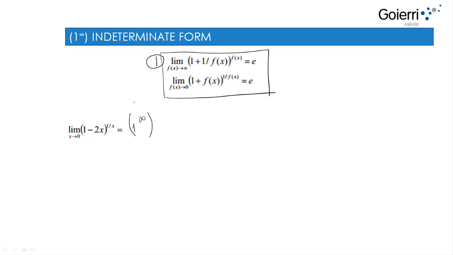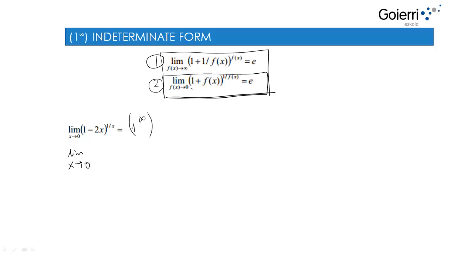On the other hand, if x is approaching to 0, you have to look for the second structure. So in our sample, x approaches 0. So we have to look for this kind of structure. We have to convert our function in this one. So let's go for it.